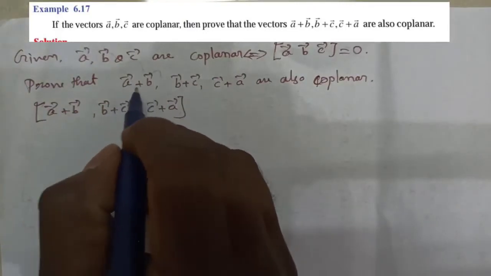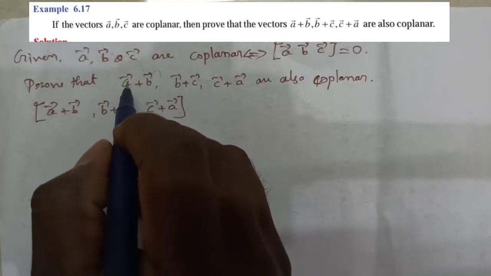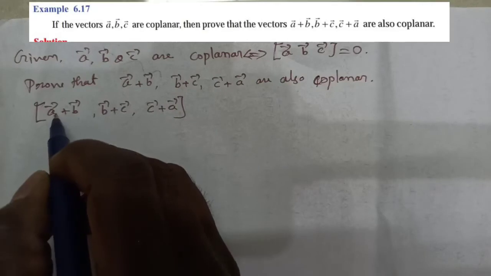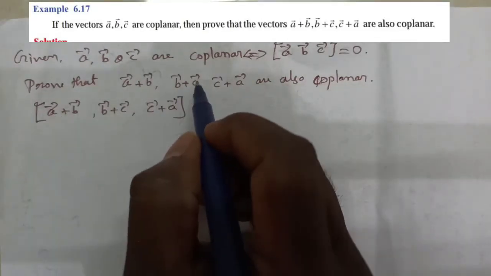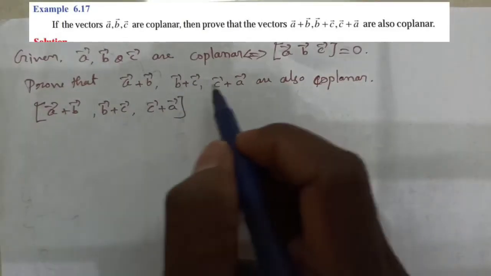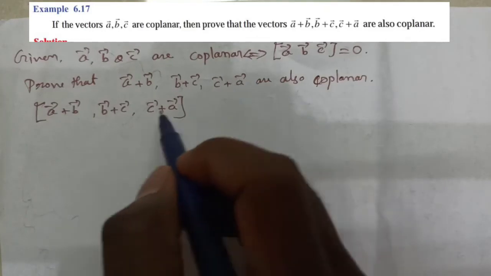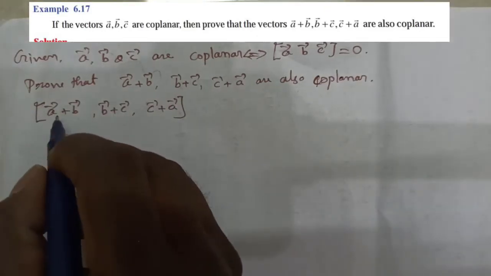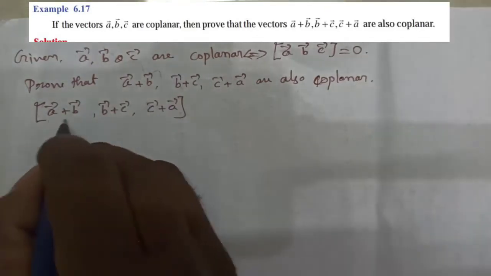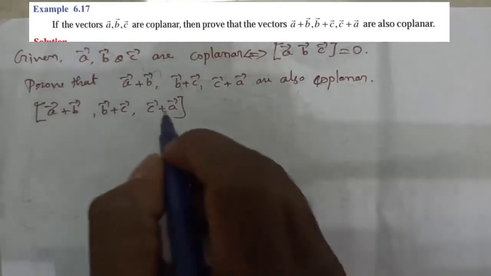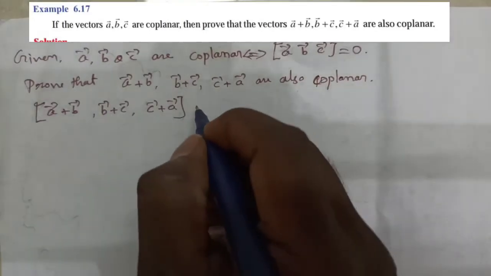If you add two vectors, A plus B is also another vector. Likewise B plus C is another vector, and C plus A is also another vector. So we have to find the box product of these three vectors.